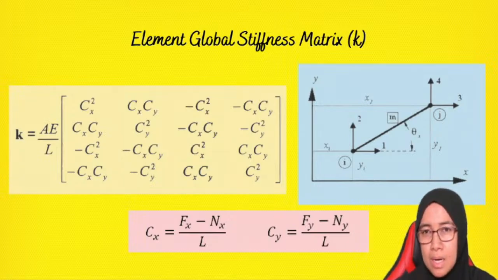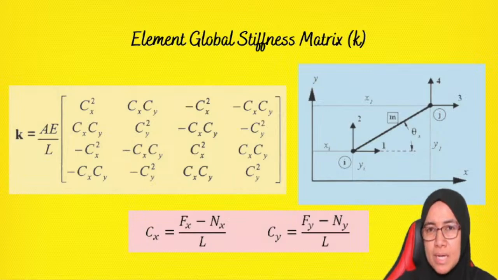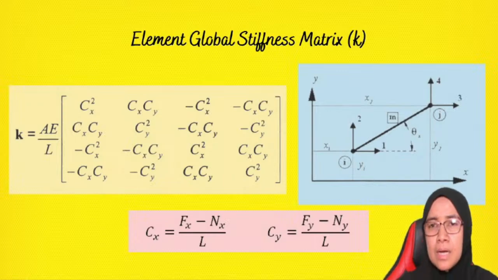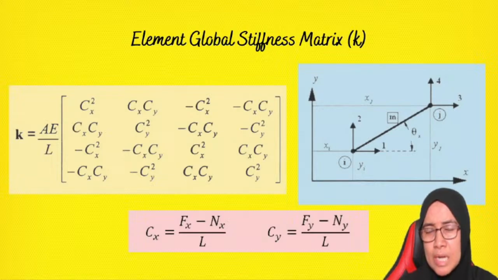So the diagram in the blue box refers to the global coordinate system. There are two nodes, node I and node J. I is the near end, J is the far end. At node I there are 2 degrees of freedom labeled 1, 2, and at J labeled 3, 4.